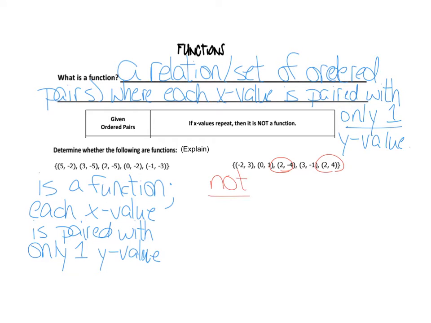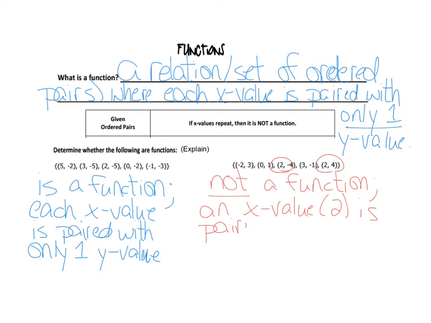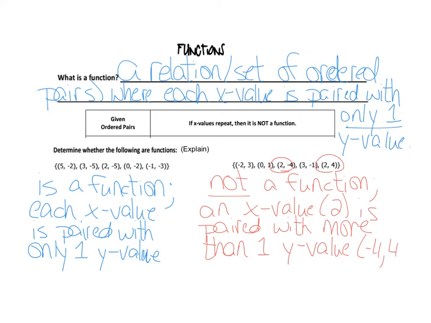So this is not a function because an x value, specifically 2, is paired with more than one y value. In this case, it was -4 and 4.